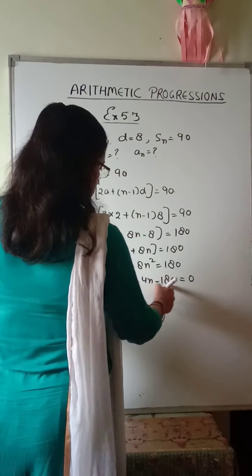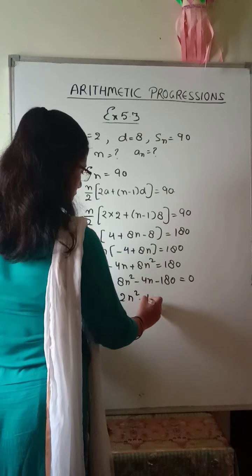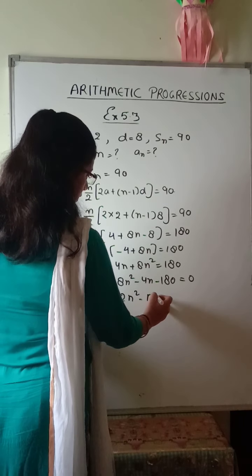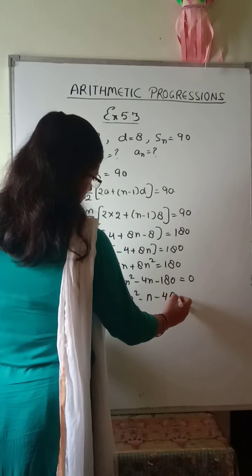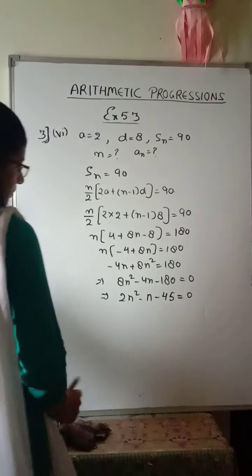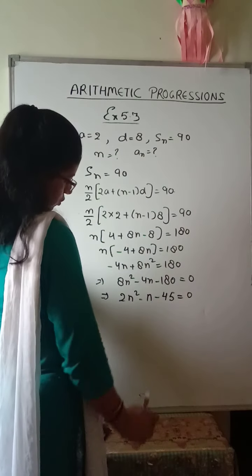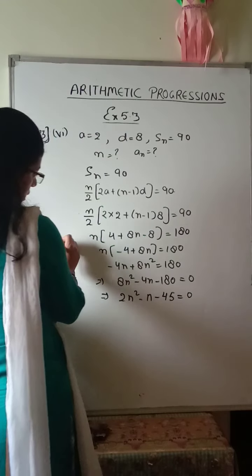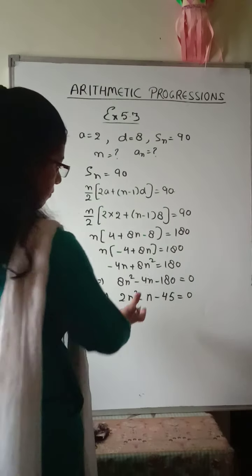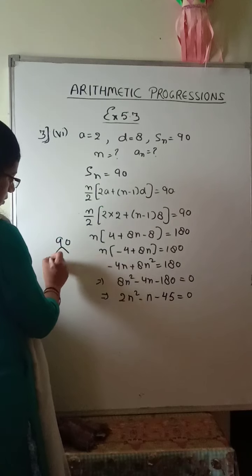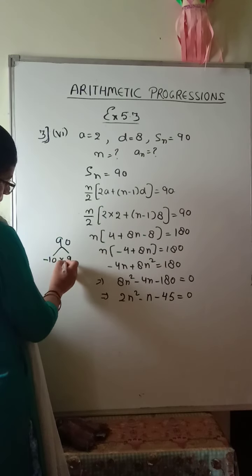We can divide this equation by 4. So 4 2s are 8, 2n square minus n minus 4 4s are 16, 20, 4 5s are 20 equals to 0. Now what do we have? We have to do it by quadratic equation. Okay, 45 2s are 90. 90 we have to break up such that minus 1 comes, so 10 9s are 90 we can do, right? So 10 minus 9 gives 1, so minus 10 plus 9.